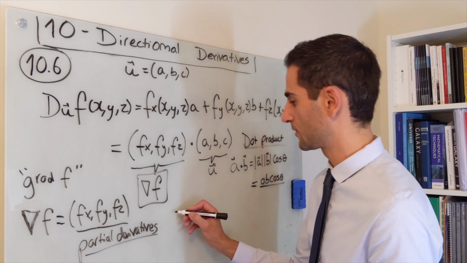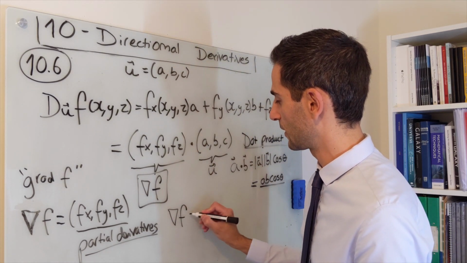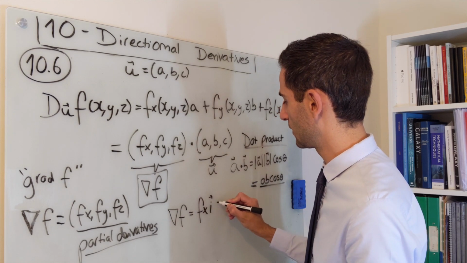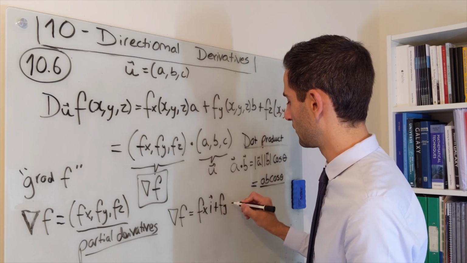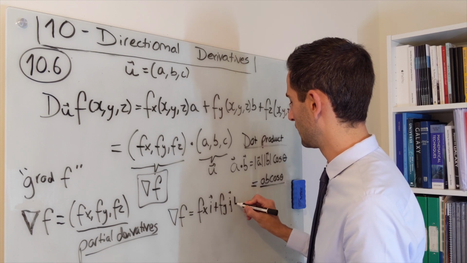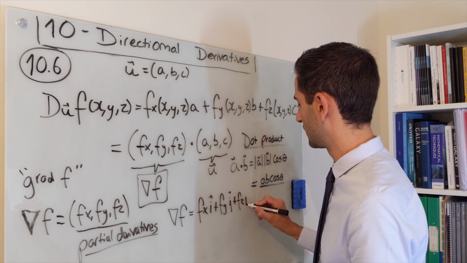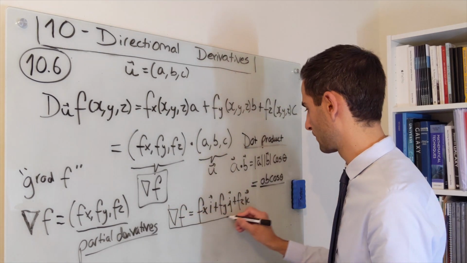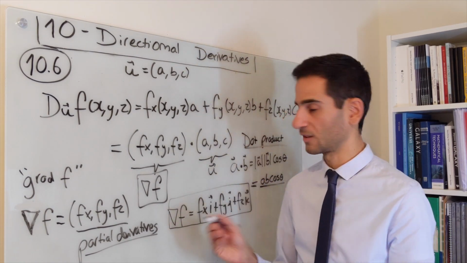As a vector, you can also write that the gradient of f is given as fx i, fy j, fz k. This is what it means.